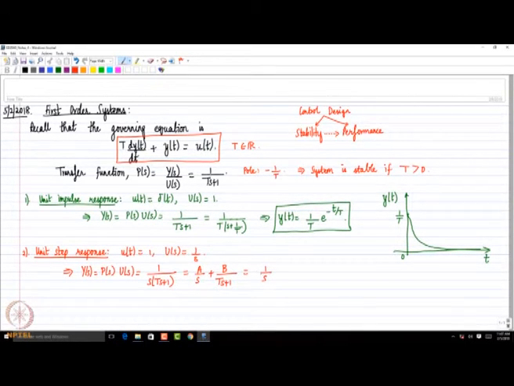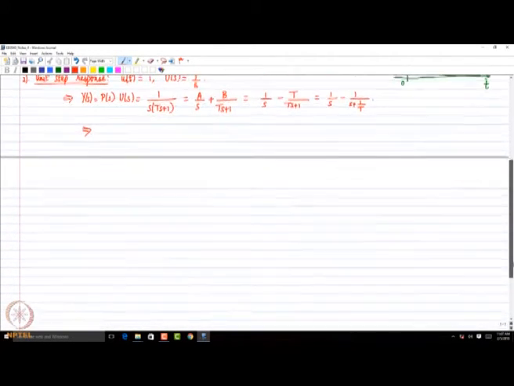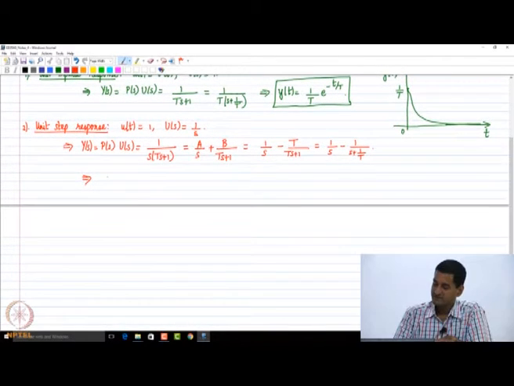And for B, you multiply both sides by Ts plus 1 and substitute the root of Ts plus 1, that's s equals minus 1 over capital T. Once we do that, we get minus T as B. So this I can rewrite as 1 by s minus 1 divided by s plus 1 over T. If I take the inverse Laplace transform of this, I will get y(t) equal to 1 minus e power minus t by capital T.